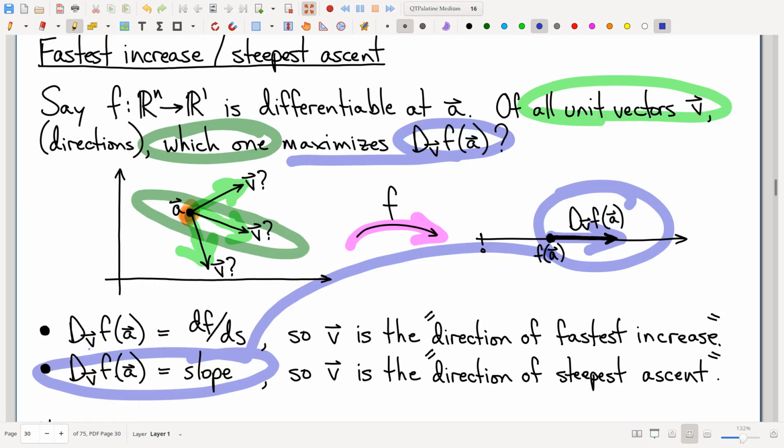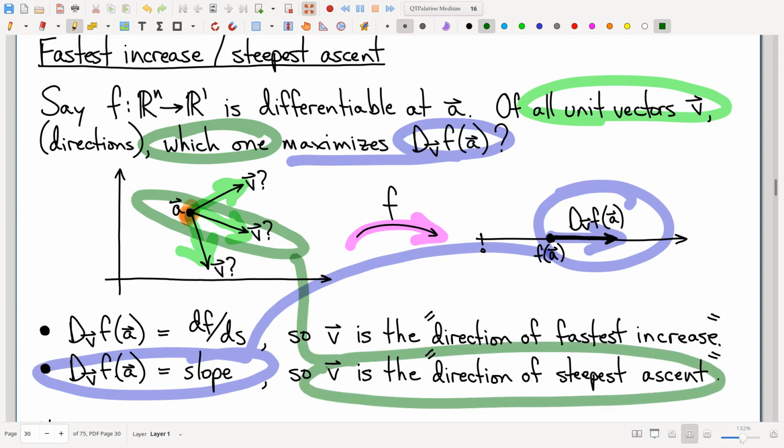And if you're trying to maximize slope, doesn't it seem reasonable to refer to the direction that maximizes slope? That means you're going in the direction that's as steep as possible. With that in mind, they call this the direction of steepest ascent. This is the more common term.